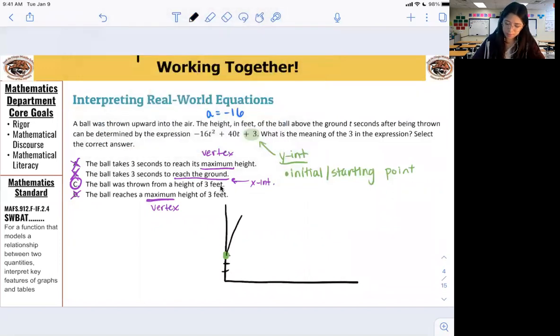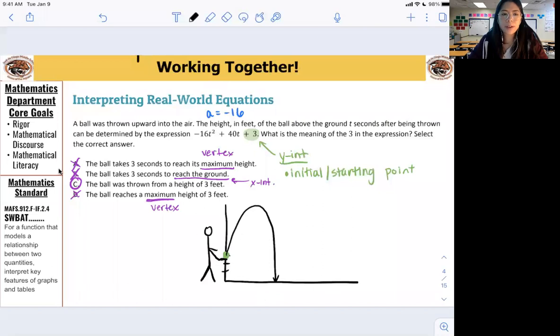So it's going to go up and back down. So the y-intercept is the starting point. It's the place where it was thrown from. And what you can think about is maybe like you have a person throwing the ball from this height. Oh, that's a really weird looking person. But they hold it at the 3 feet and they throw it up at that point.